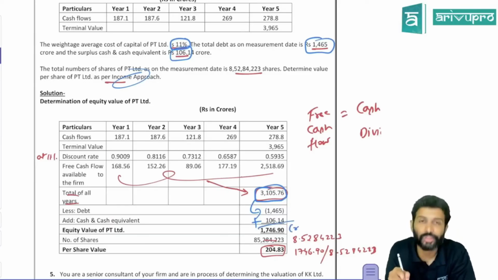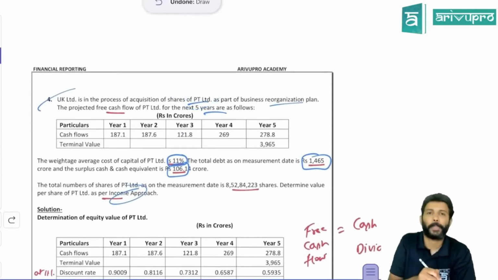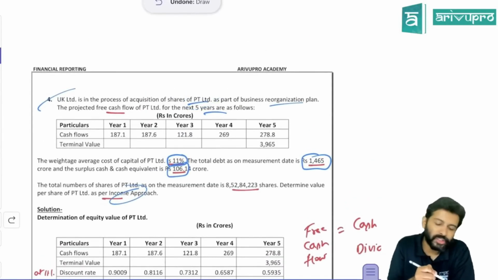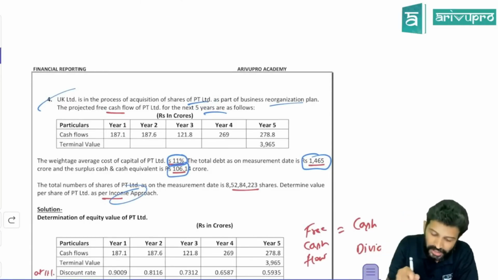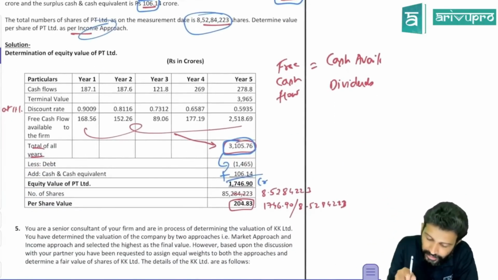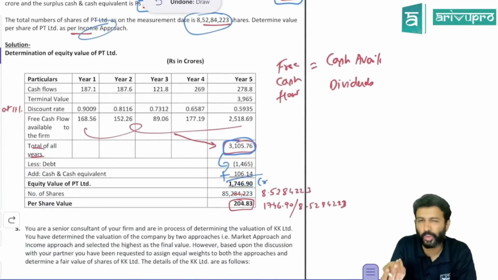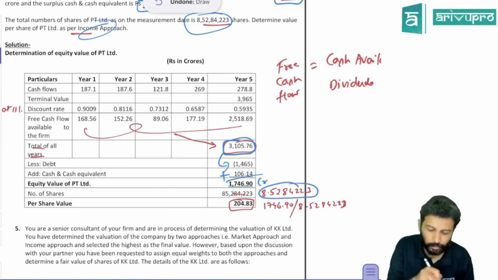All this data is in crores. This is the total value of investment, the total value of PT Limited. But they did not ask for the total value of PT Limited. They asked, what is the value of one share? And how many shares does this company have? They have 8 crore 52 lakh 84,223. When you're doing the calculation, you have to take it in crores, so 8.5284223 crores.